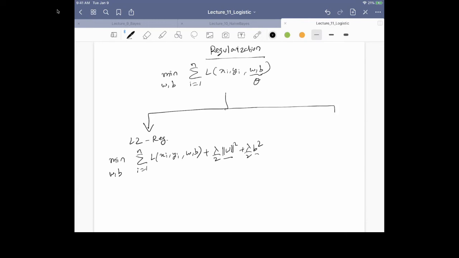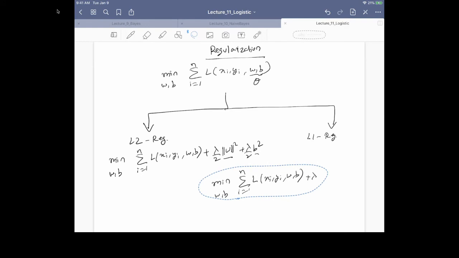There is one more kind of regularization called L1 regularization. What L1 does is that you have the same term, min over w comma b of the sum over i from 1 to n of L of xi comma yi comma w comma b, plus lambda times the one norm of w, plus lambda times the absolute value of b.